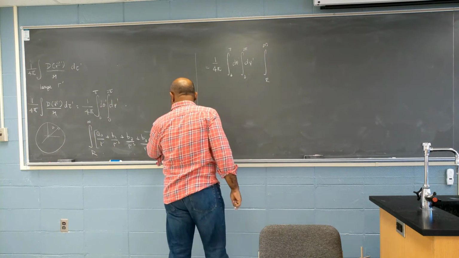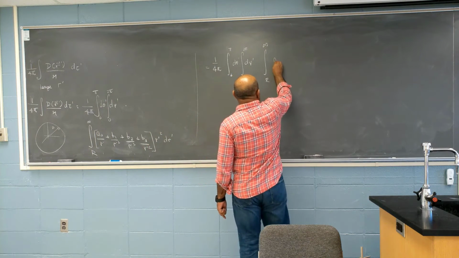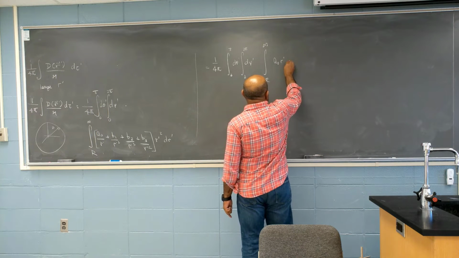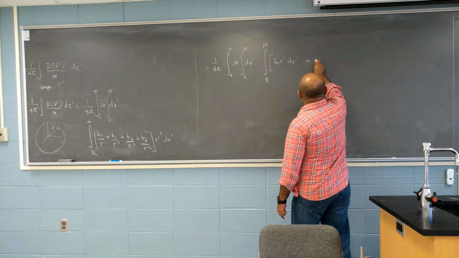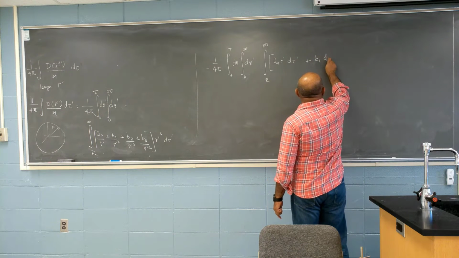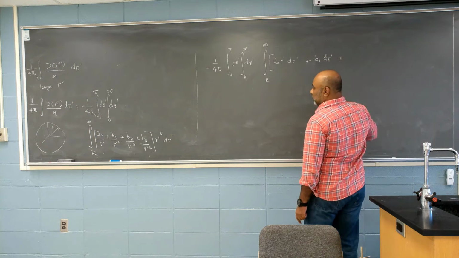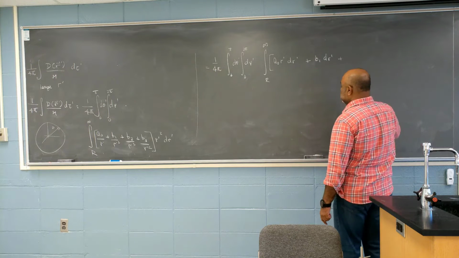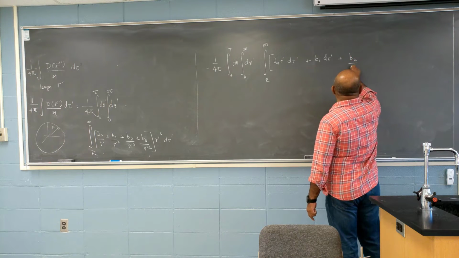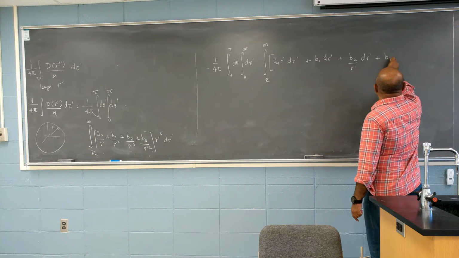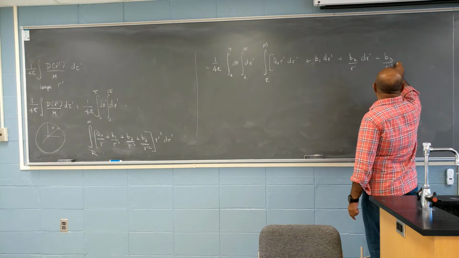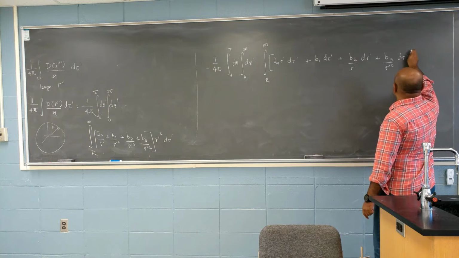Let me multiply by this, and I would get a0 r prime dr prime plus b1 dr prime plus b2 over r prime dr prime plus b3 over r prime squared dr prime.